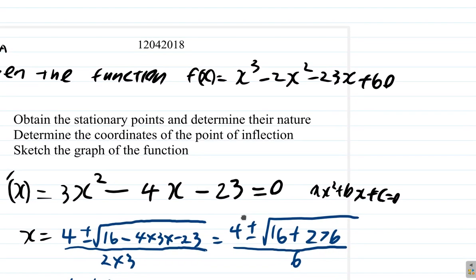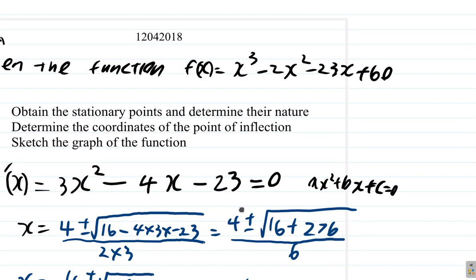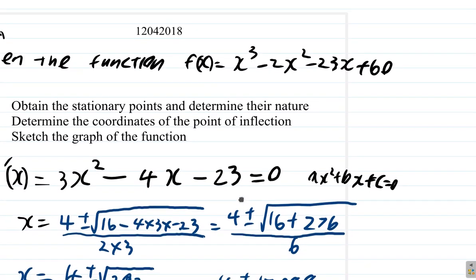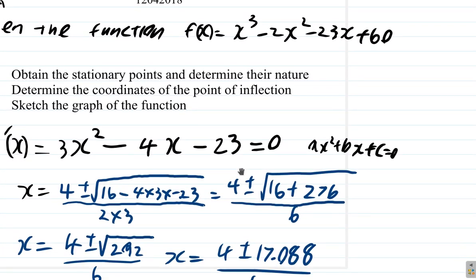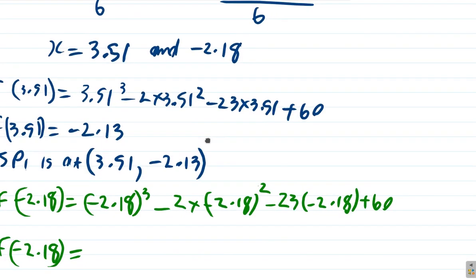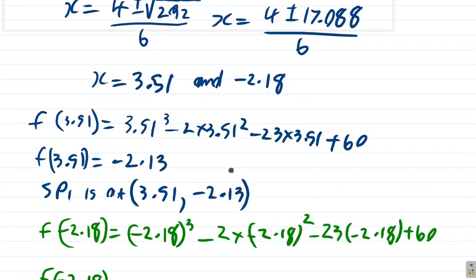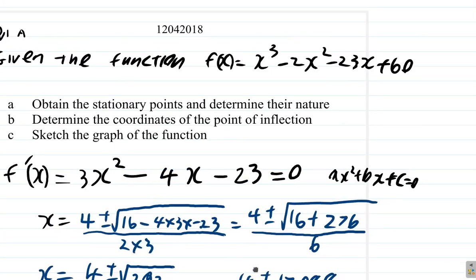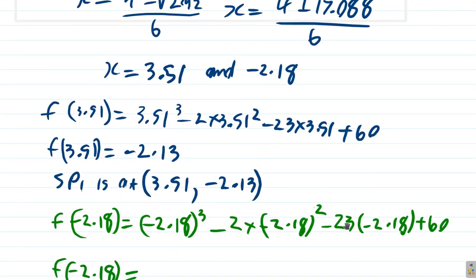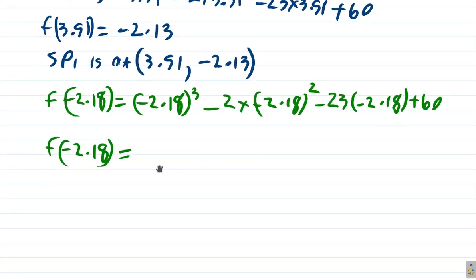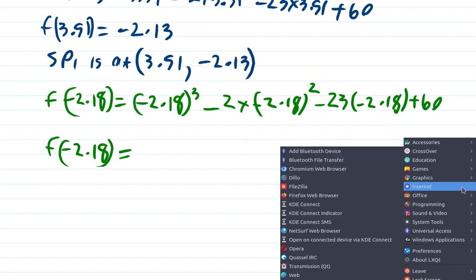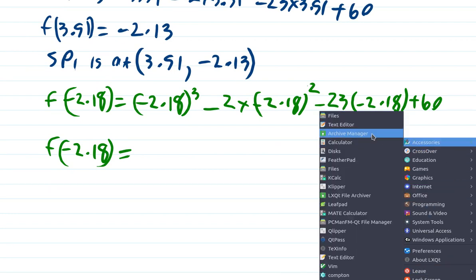X cubed minus 2x squared minus 23x plus 60. Well, I guess that's what we have to work with, an extra large number.